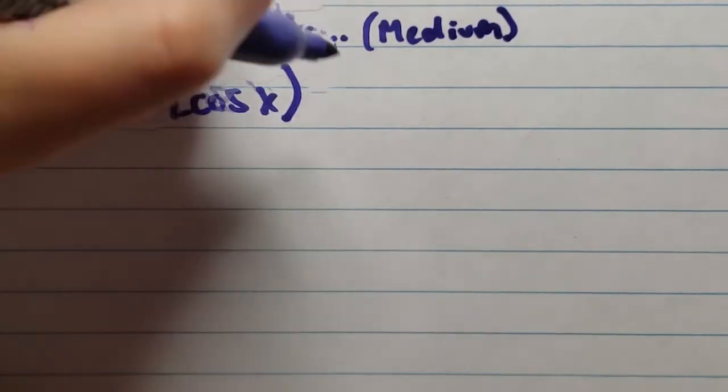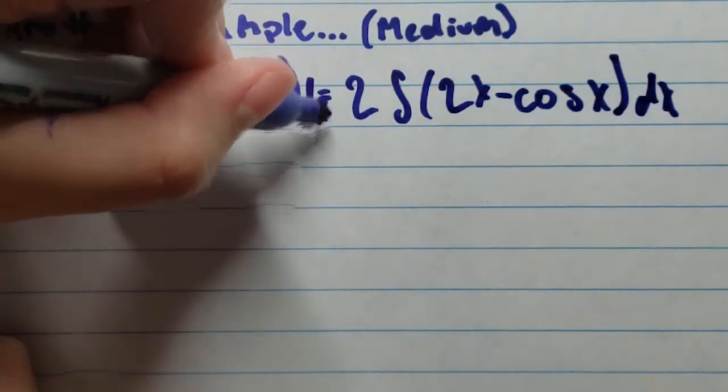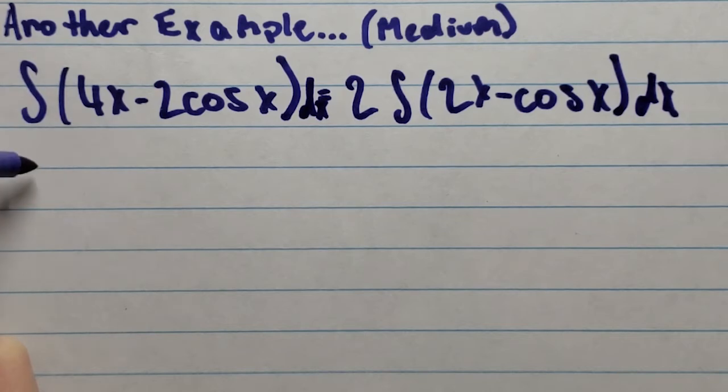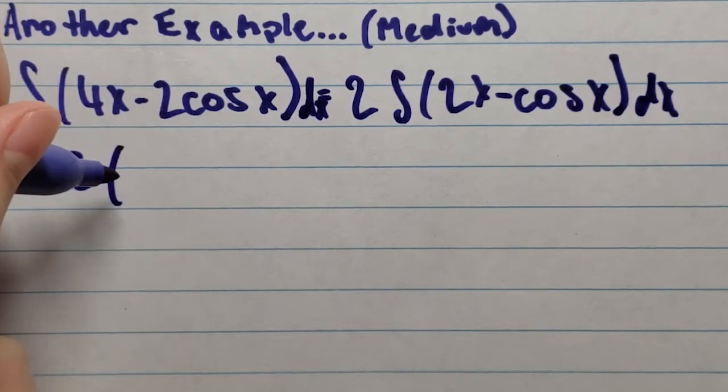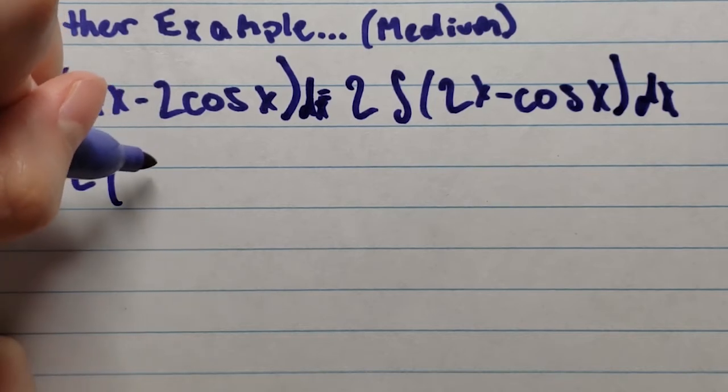This is another slightly more difficult problem. You are essentially doing the same thing as with the addition rule, except for the fact that there's a constant that can be factored out. As you can see, the 4x and the 2x have a coefficient which has a common factor of 2.